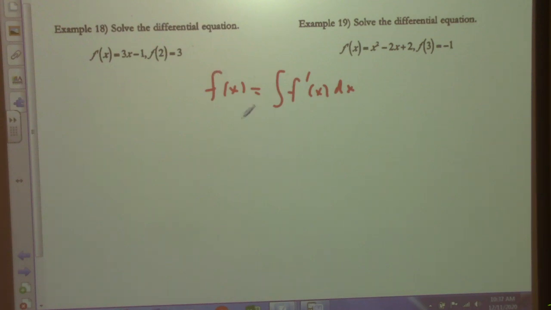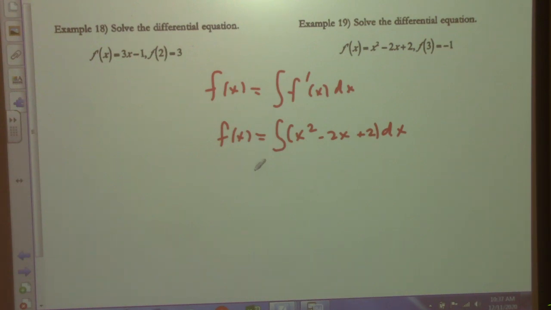And then to do that, in this case, we're going to have f of x is equal to the integral of x squared minus 2x plus 2 dx. Are we okay to that point?